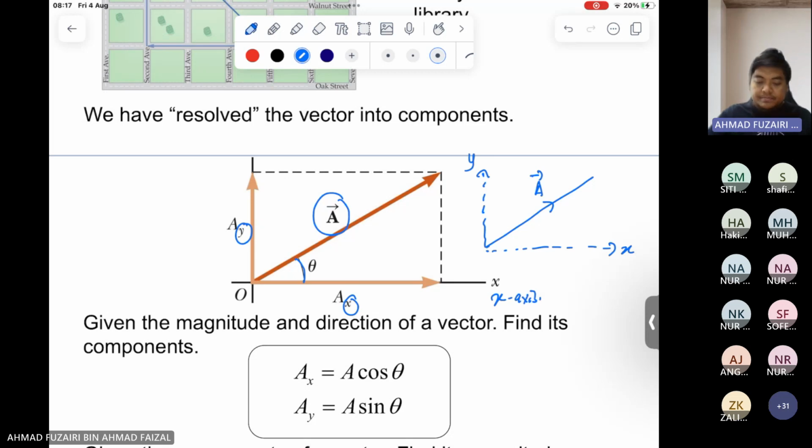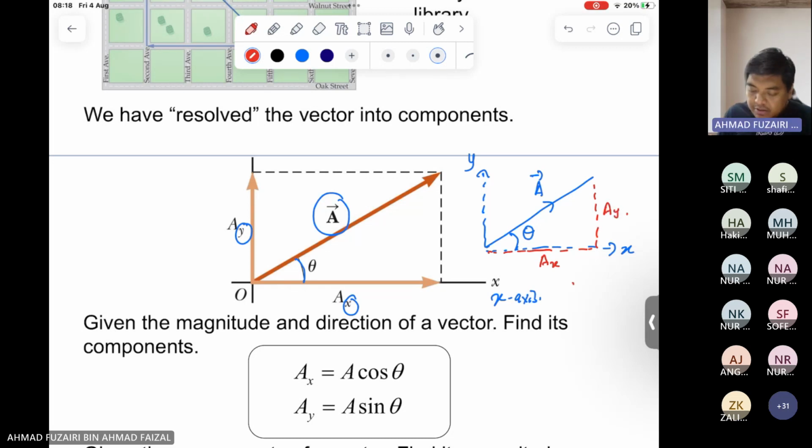So I will use another angle, theta. First we use some trigonometric function over here, that means cos theta. So this is ax and this is ay.